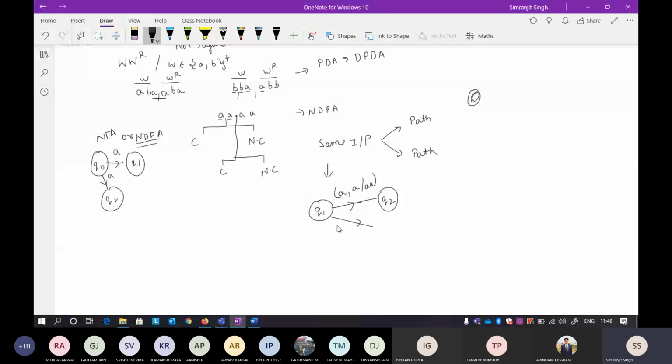In a similar way, it will again be A, and at the top of the stack there is A. Now the input is the same, but in this particular context you are popping it. If you see the input here and the stack symbol here are the same, but the action here and the action here are different.